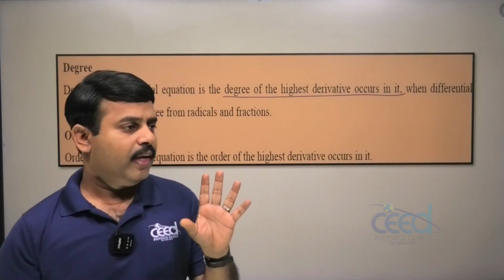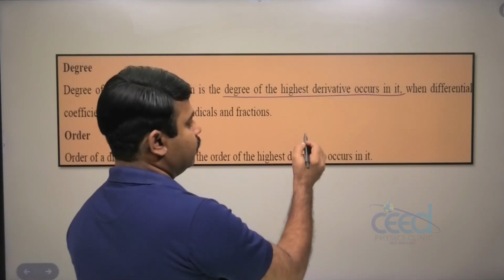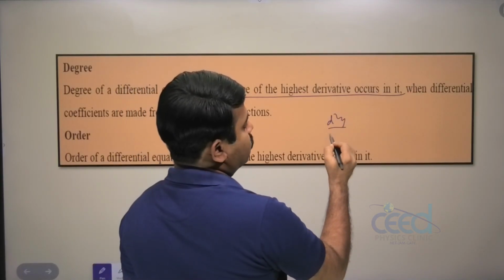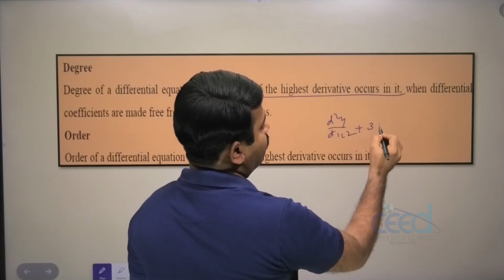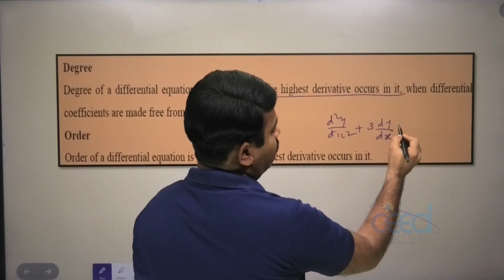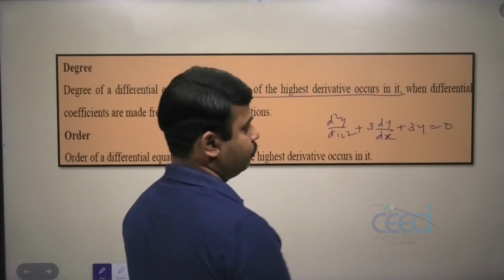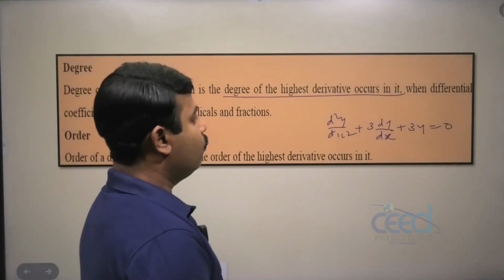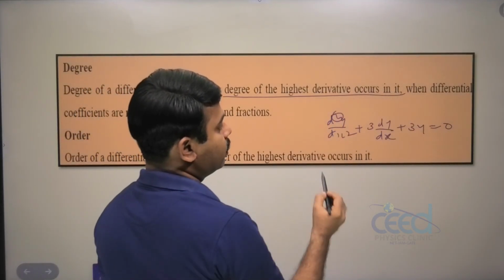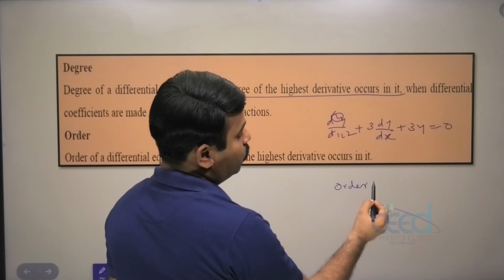For example, d square y by dx square plus 3 dy by dx plus 3y equals 0. What is the highest derivative order? That is order 2.